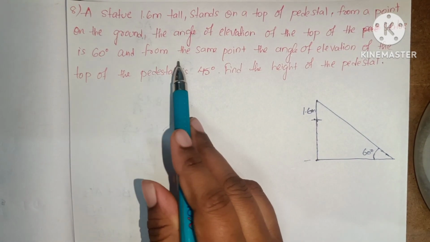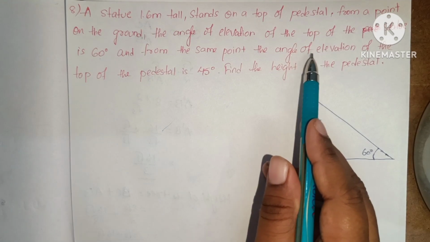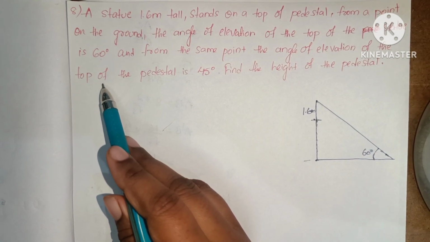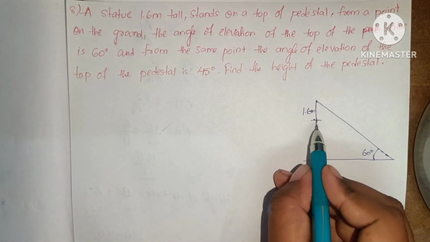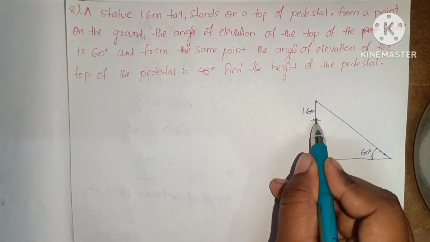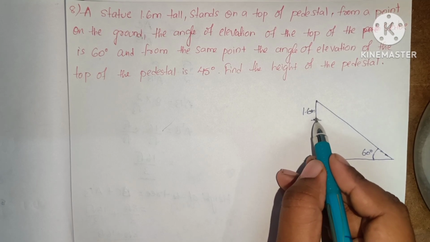Next, from the same point, the angle of elevation of the top of the pedestal is 45 degree. So top of pedestal means here. On the top of the pedestal there was a statue.